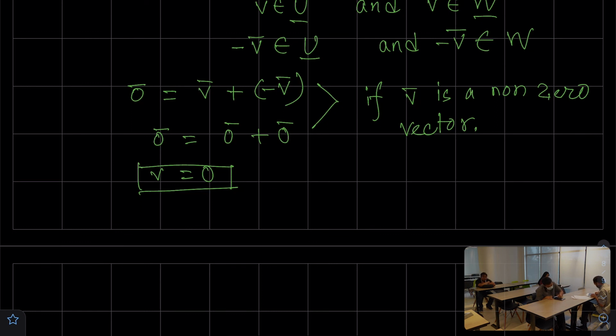So the other way proof is: now let U intersection W be the 0 vector.